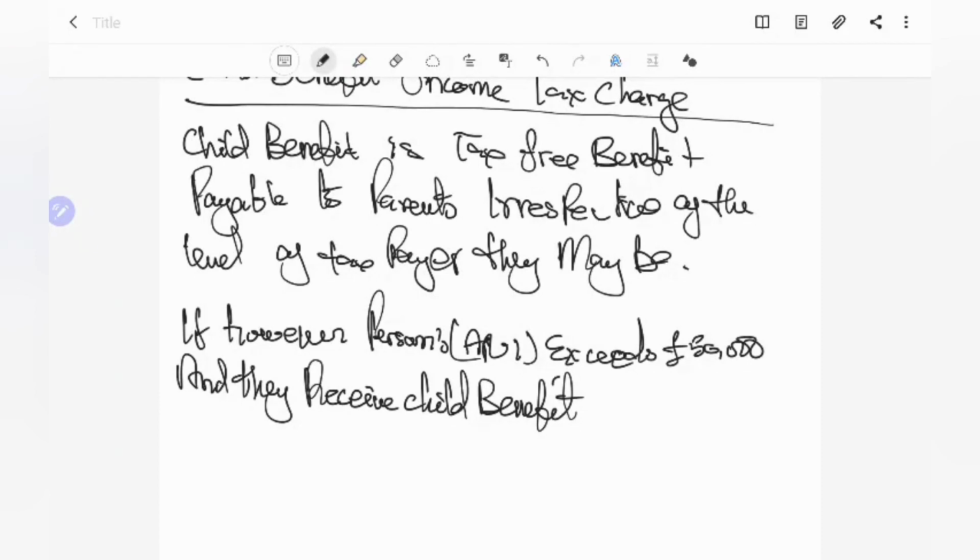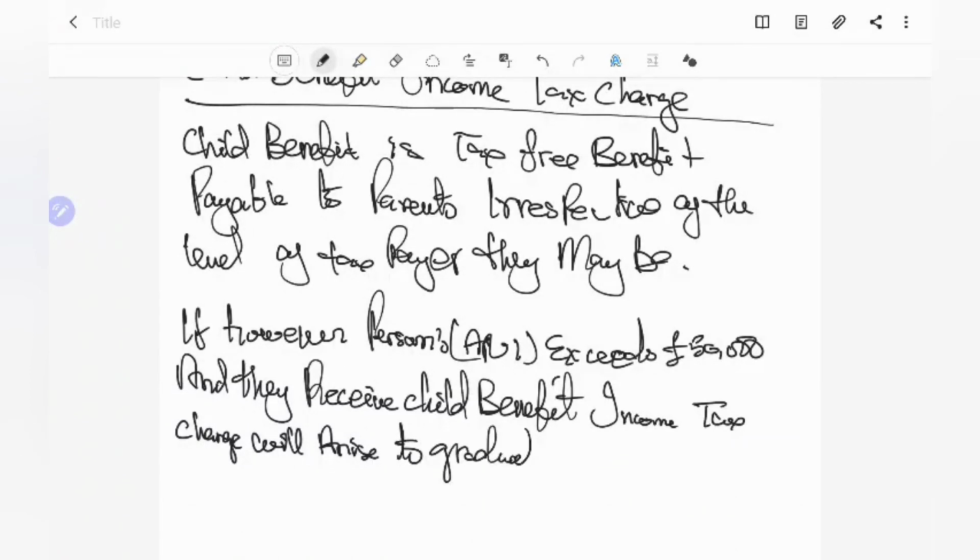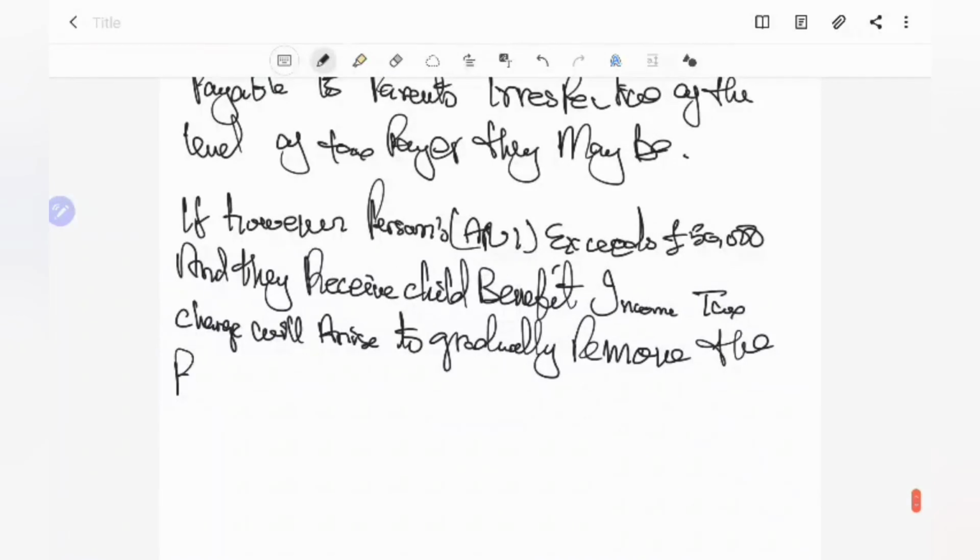An income tax charge will arise to gradually remove the benefit from such higher income earners.